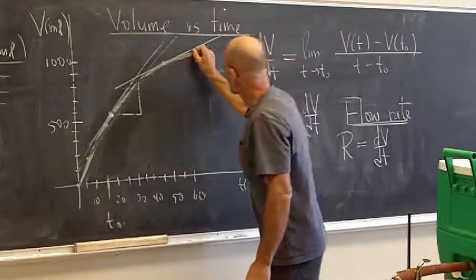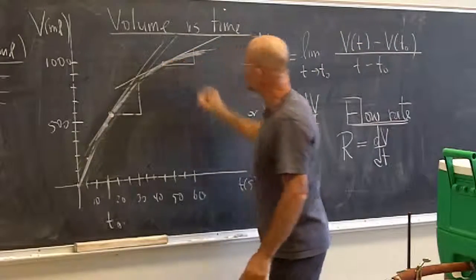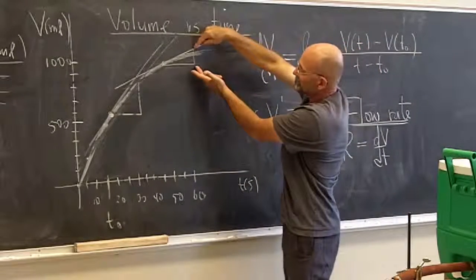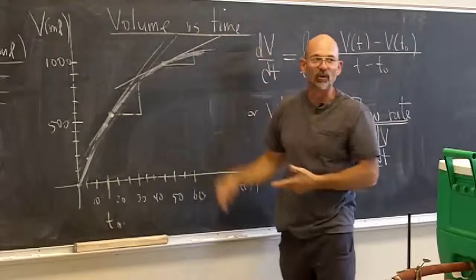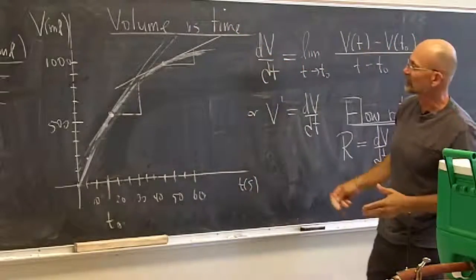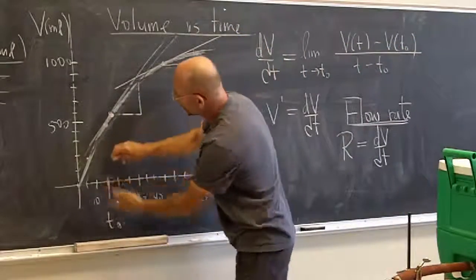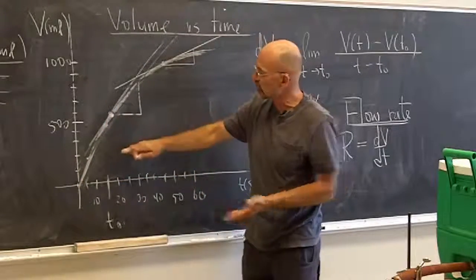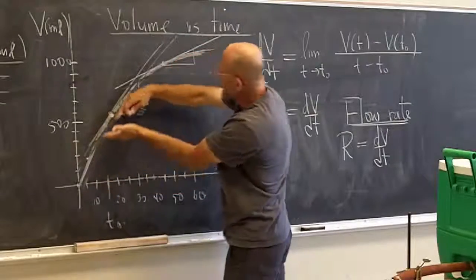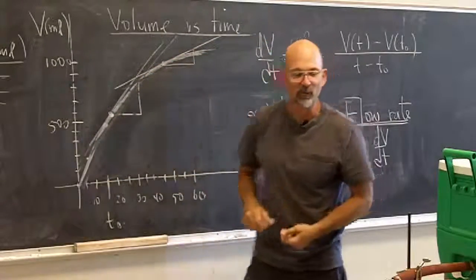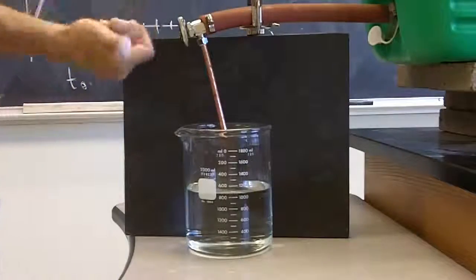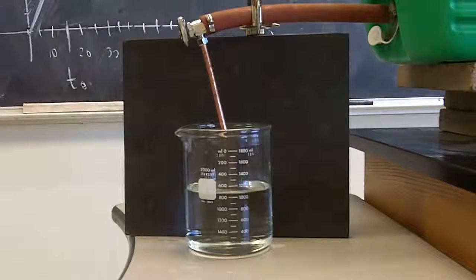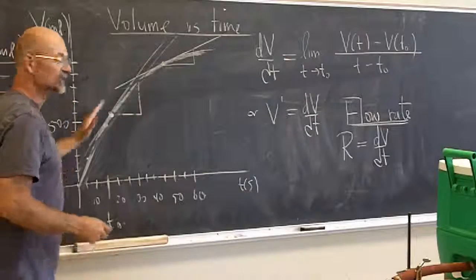If we were to construct its difference quotient, we would have had a smaller value of that slope as well. Okay, and so at the very beginning of this curve, we had the highest flow rate, the largest slope. The slope decreased as time progressed. What we were doing was turning this handle shut, turning this valve shut. We were decreasing the flow rate. The derivative itself is decreasing.